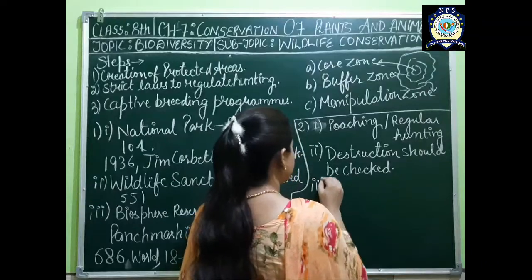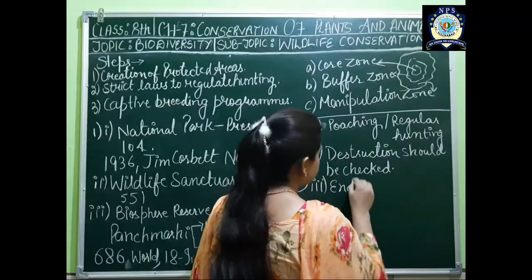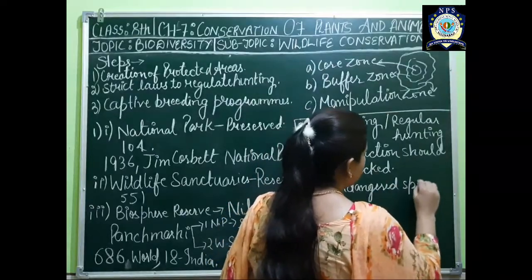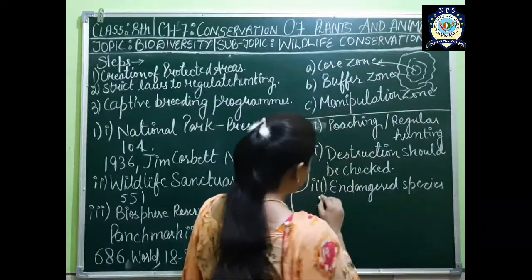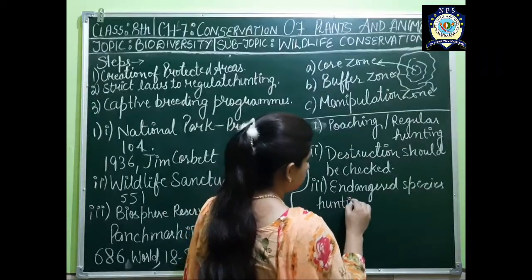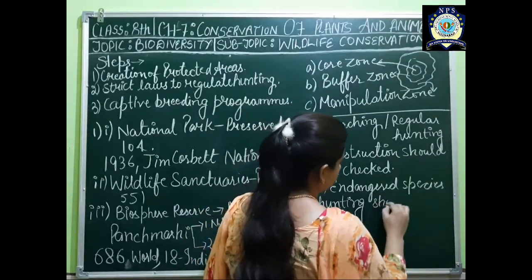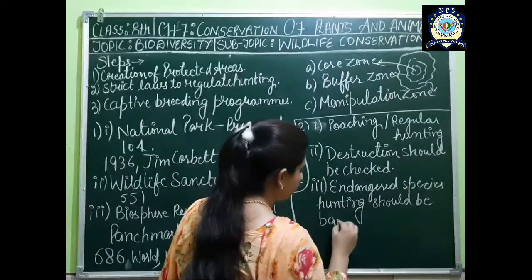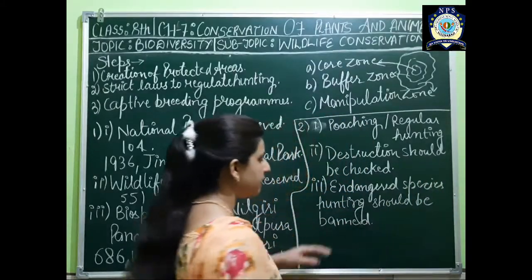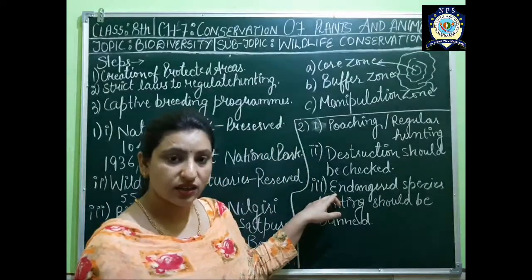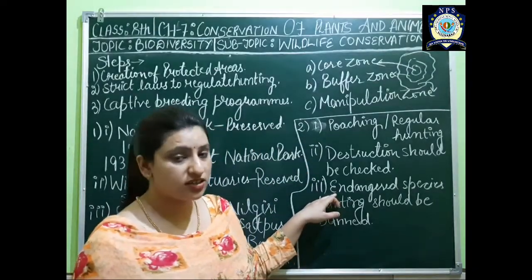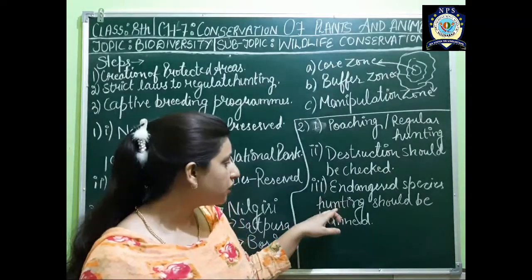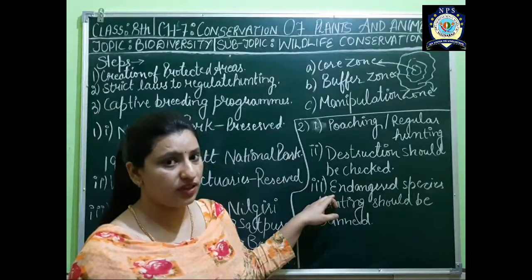And the third thing, hunting of endangered species should be banned, properly banned. Because these species are at the point of extinction, they will be lost if the causative agents are not checked. So hunting of this type of endangered species should not be there.